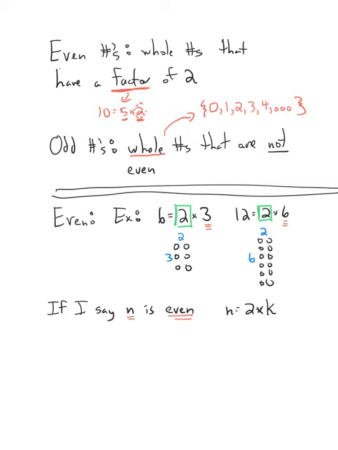And I can visualize it with dots like this. I don't know what n is, but I definitely know I could write it as a rectangle of dots where one dimension is 2 and the other dimension is some number, whatever number it is, k we'll call it, since 2 times k gives me n. And every even number can be expressed like that. You can think of this as the blueprint for even numbers.